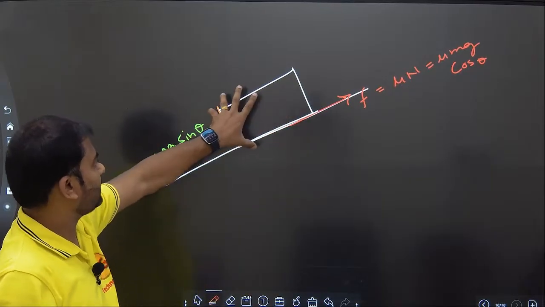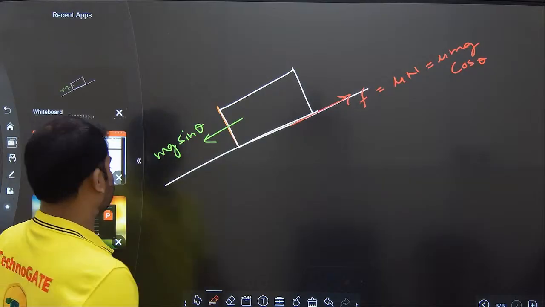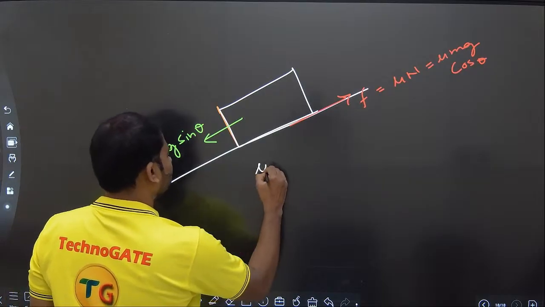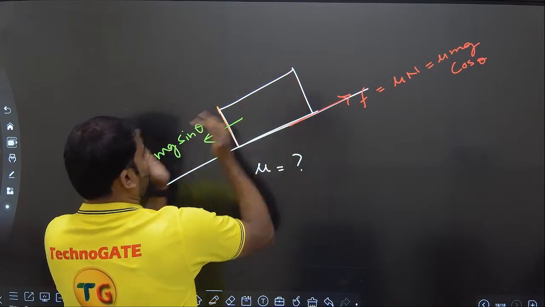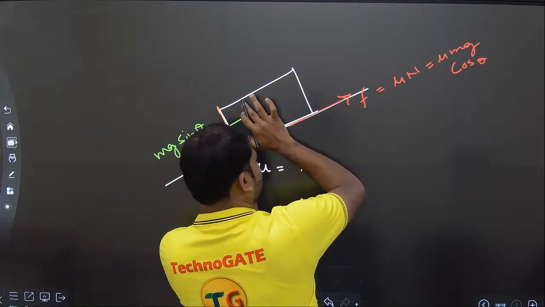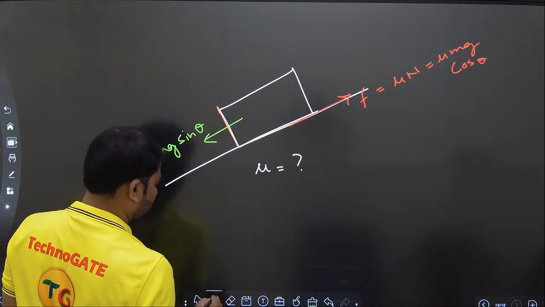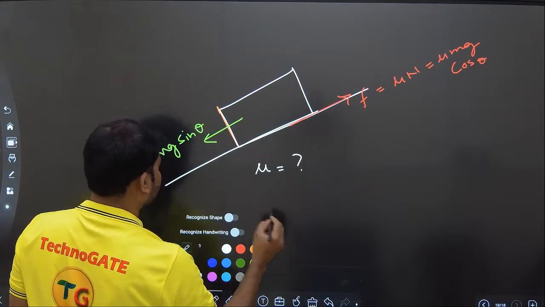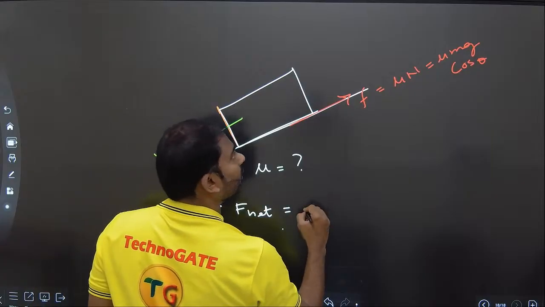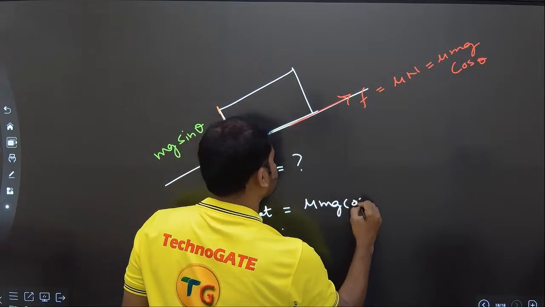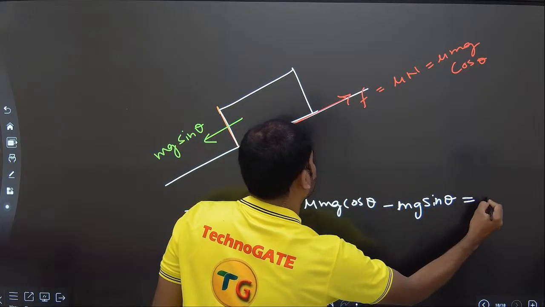These two are the forces. So what they are asking is the coefficient of static friction, so mu is equal to question mark. We need to get it here. Whatever force is acting down should be balanced with whatever force is there upside. Then the block stays at rest here. Understood? So this implies F net is equal to mu mg cos theta minus mg sin theta equal to 0.